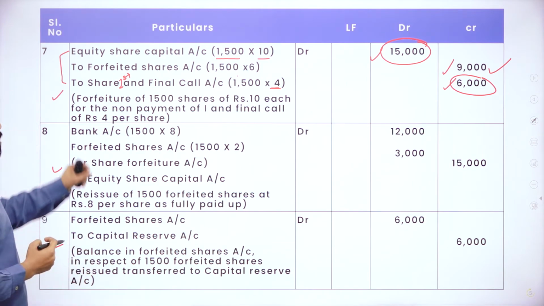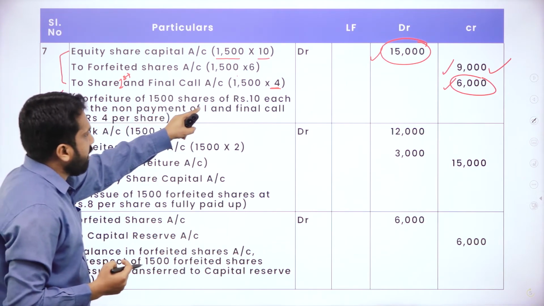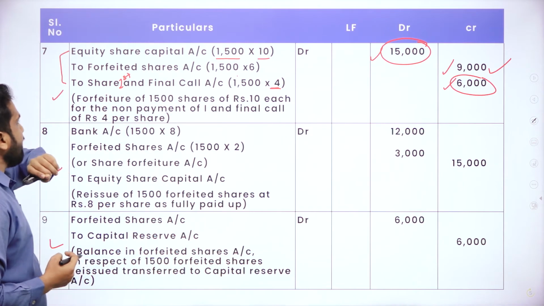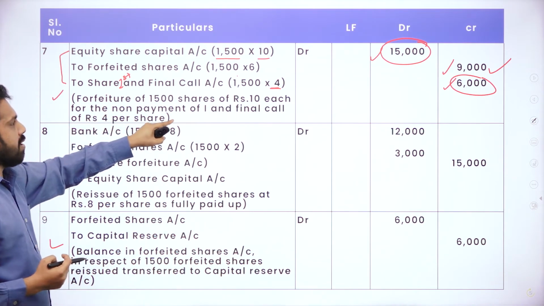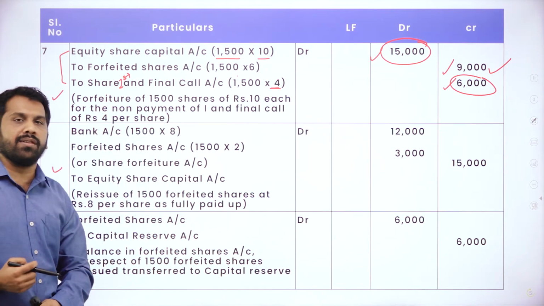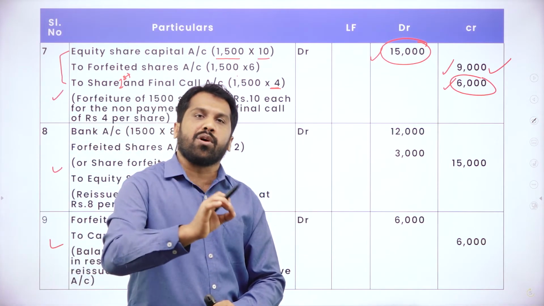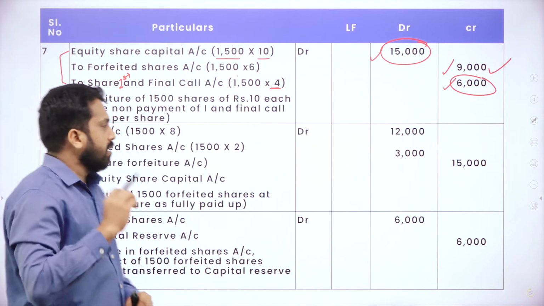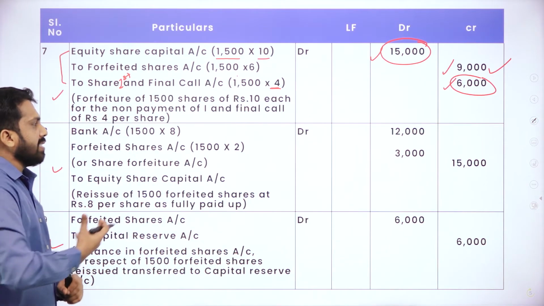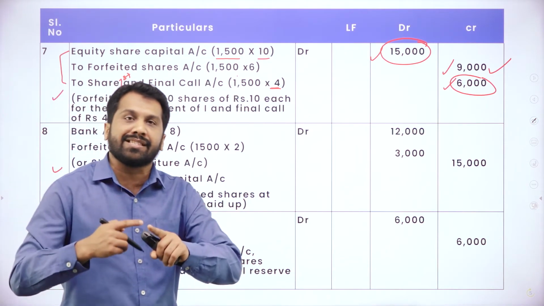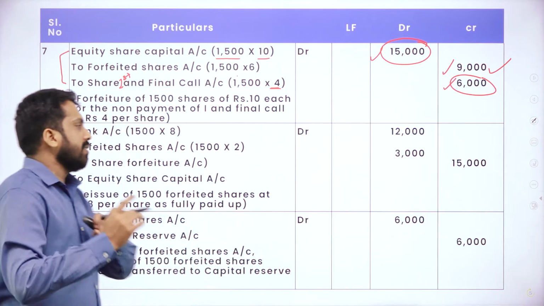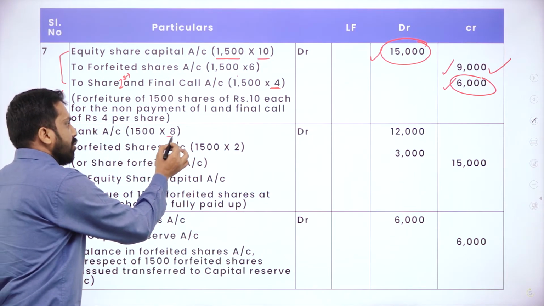The narration: forfeiture of 1,500 shares of rupees 10 each for the non-payment of first and final call money. Why did they cancel? Because they have not paid properly. Now, after cancellation, they will sell to somebody else. At what price did they sell?